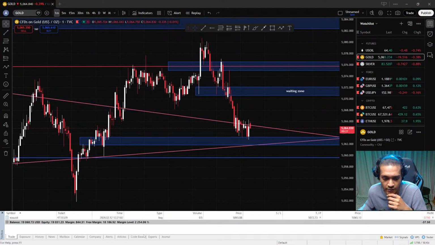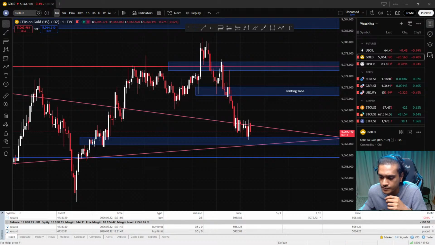That will give us a chance to recover what we lost just now. Okay, let's go back to our TradingView, and we'll put our remaining buy limit below. Okay, we're definitely going to take a buy.